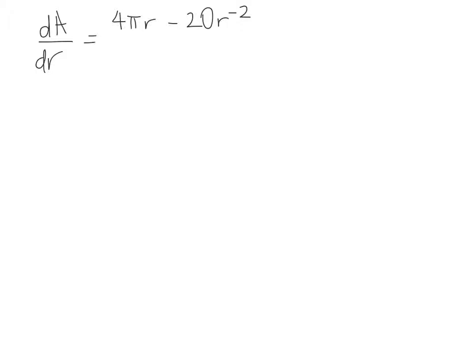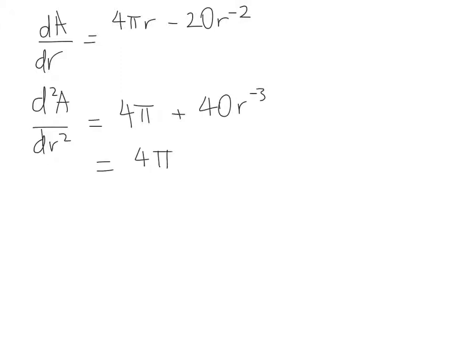I'm going to use that to show that it is in fact the minimum value here. The second derivative of A with respect to r, d squared A on dr squared, is 4 pi plus 40 r to the negative 3, which is 4 pi plus 40 on r cubed.